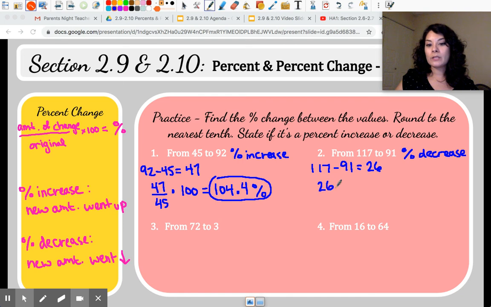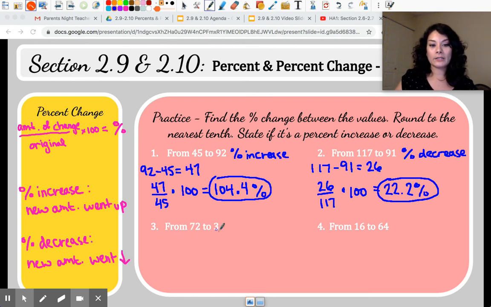I'm going to take 26, divide it by the original number, which is 117, and multiply that by 100. So 26 divided by 117 is giving me 0.2 repeating. If I multiply that by 100, I get 22.2 repeating. So I can just round that to 22.2 and throw a percent symbol after it.